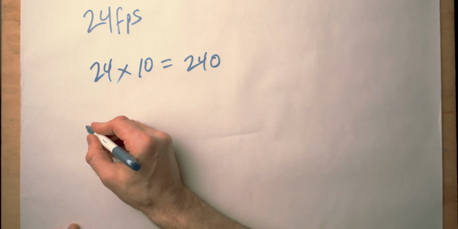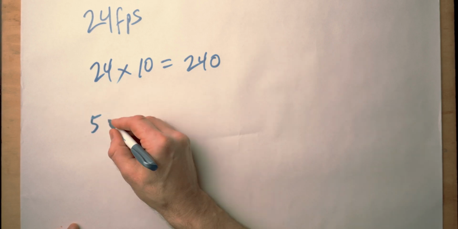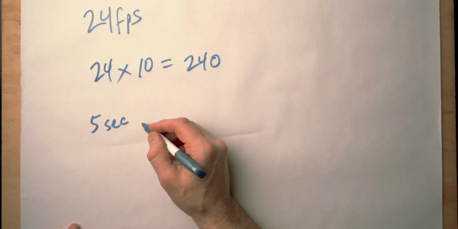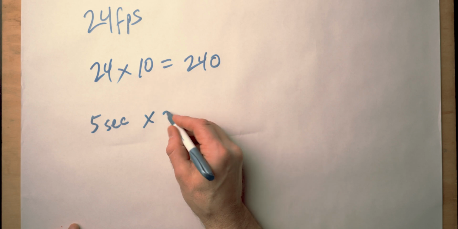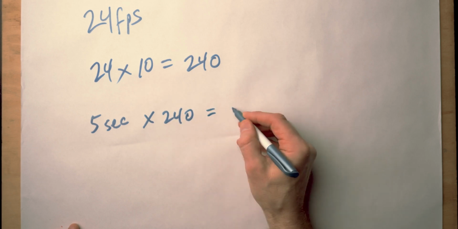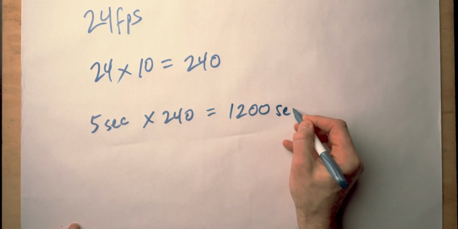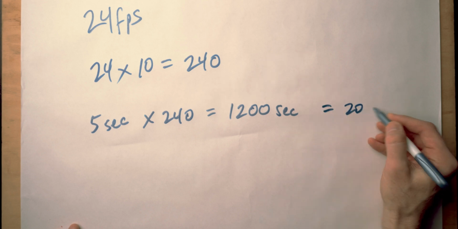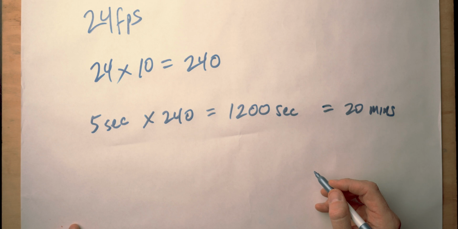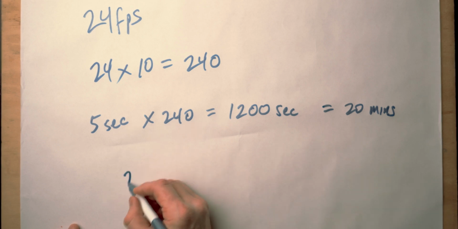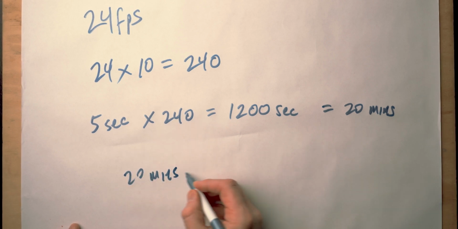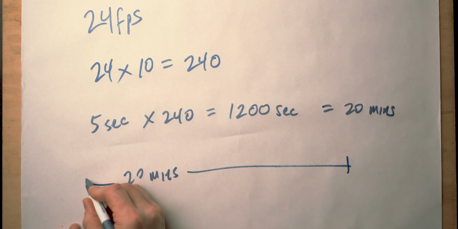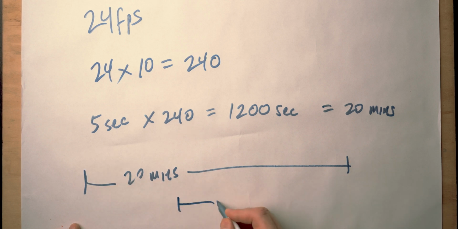Now, assuming that you have a 5-second interval, in order to have enough frames for that 10 seconds, you're going to need 5 seconds times 240 equals 1,200 seconds of shooting for your interval, or a total of 20 minutes. So basically, if we shoot a video for 20 minutes and compress it down to 10 seconds, that's essentially the same thing.